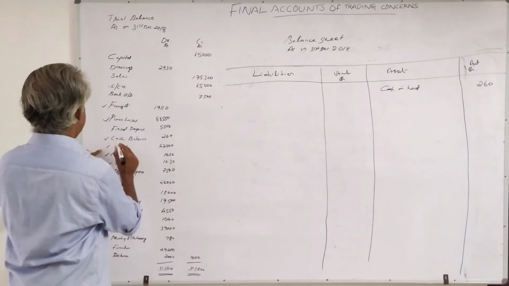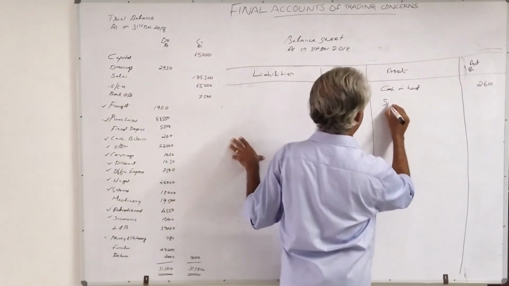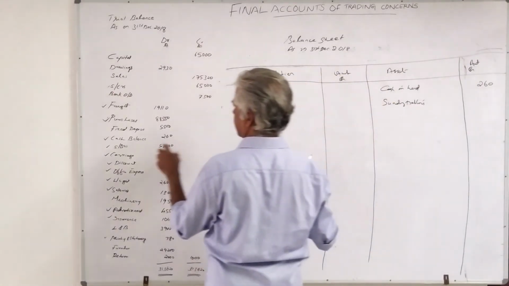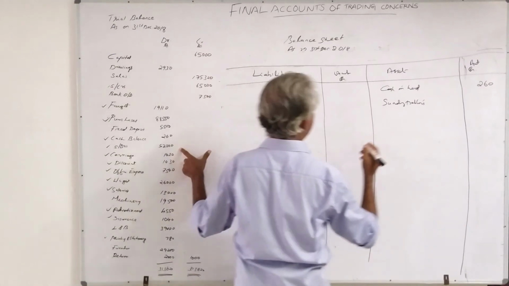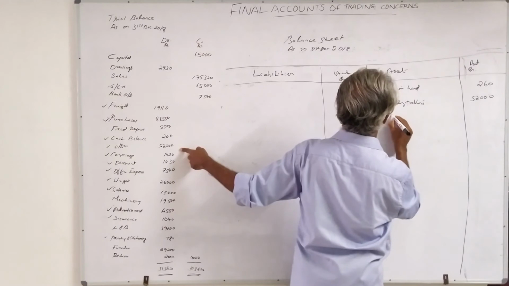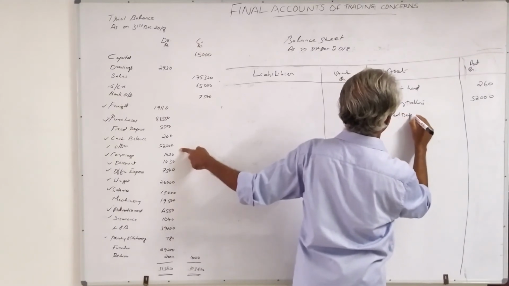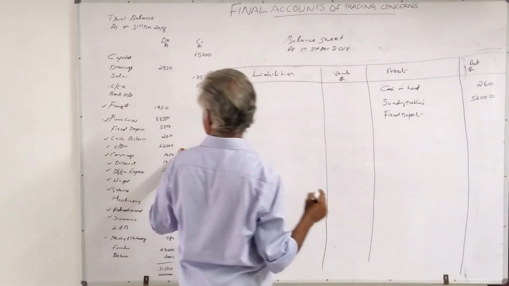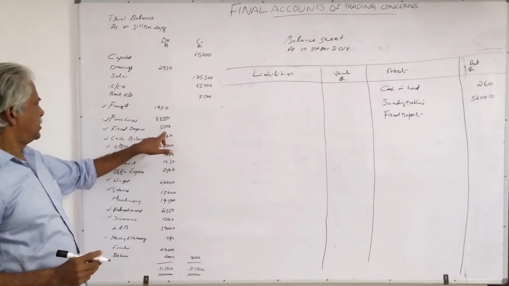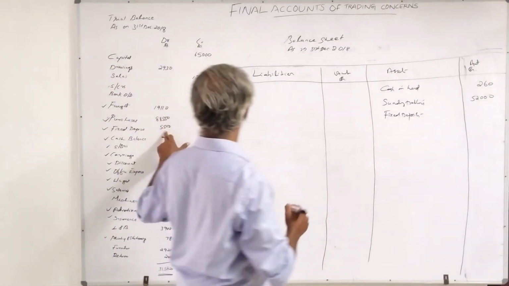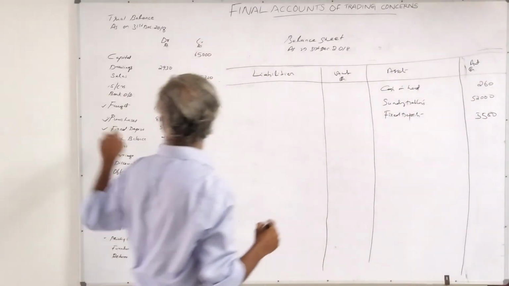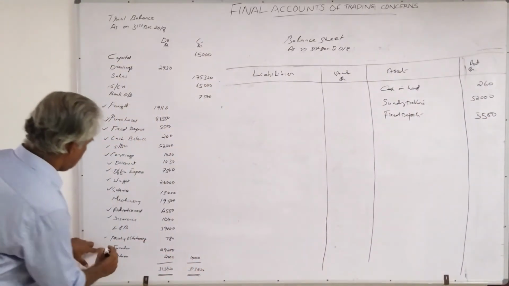Next is sundry debtors. That is also a current asset, 52,000. Then fixed deposits. That is the amount which we deposited for a certain period with a bank. That is bank deposit, 5,500. Then furniture.